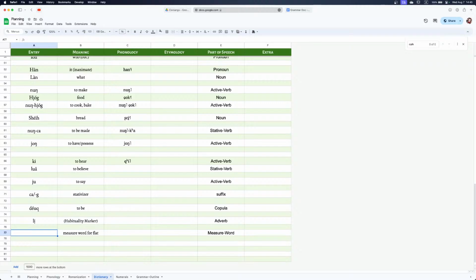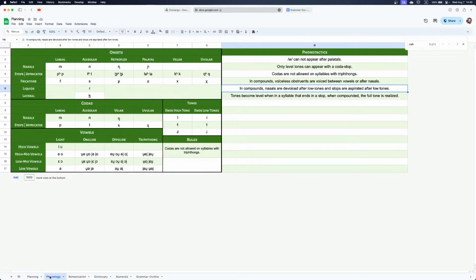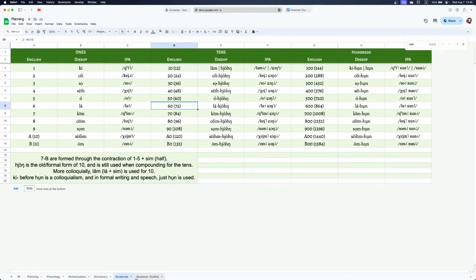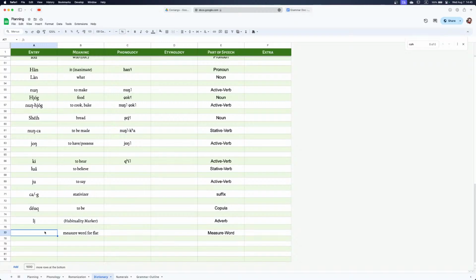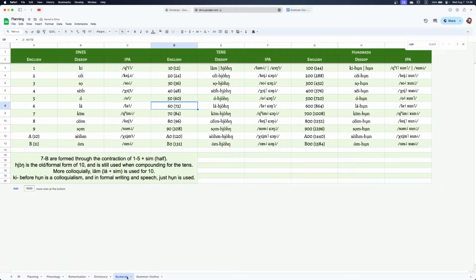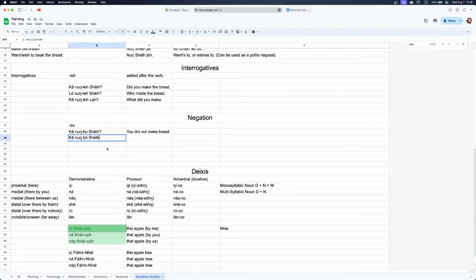Po. Let's do po. Measure word for flat objects. Say po. That shouldn't be a question mark. You did not make bread.